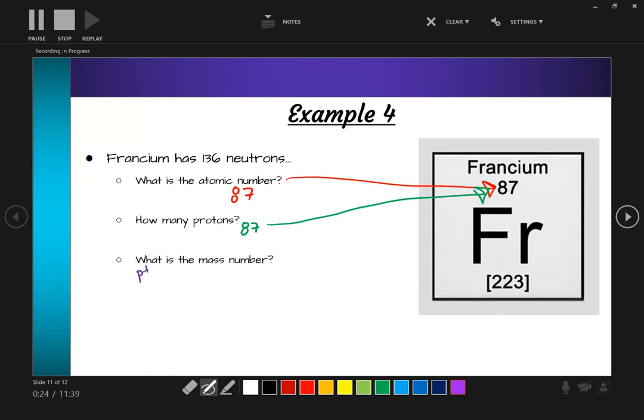We're looking at protons plus neutrons. So we have 87 protons plus, you were given neutrons at the top, 136. So 87 plus 136 is 223. And how many electrons? Remember that your electrons are equal to your protons as long as your atom is neutral.